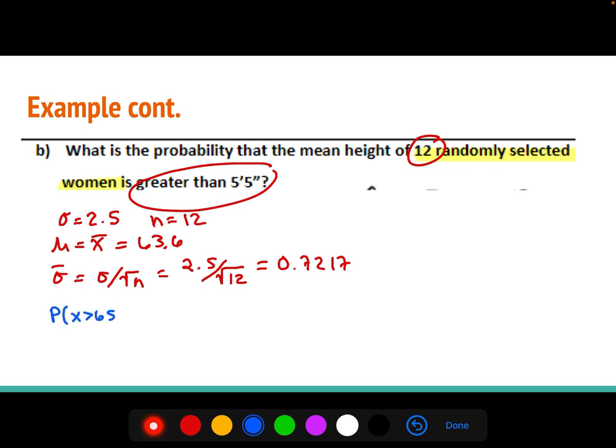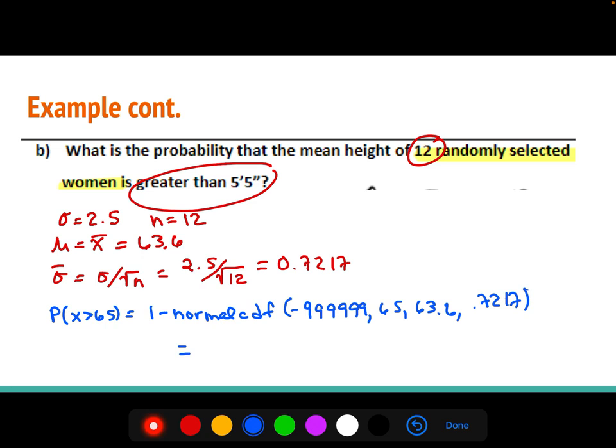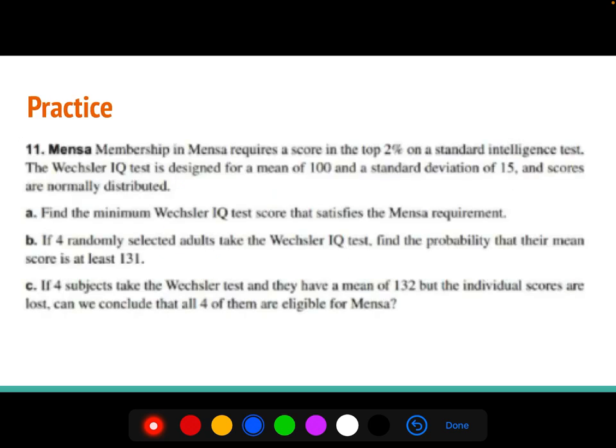So we want greater than 65 inches, so the probability that they are greater than 65 inches is 1 minus the normal CDF from 65 to 63.6 with a new standard deviation of 0.7217 to make it approximately normal, so 0.0262.